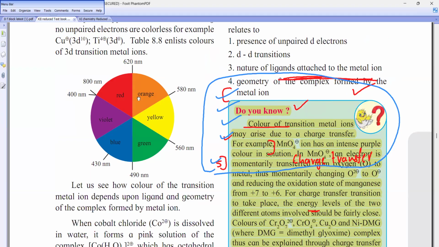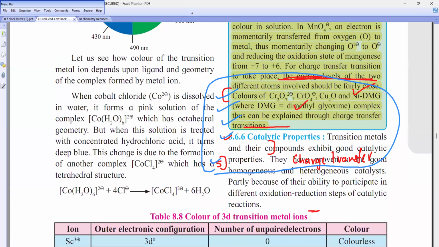Look here, they have given the example of cobalt. Six means it is octahedral.